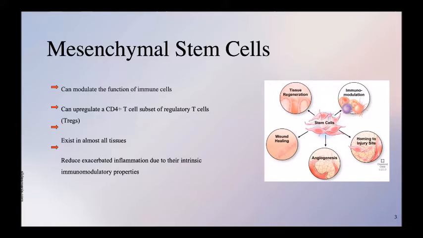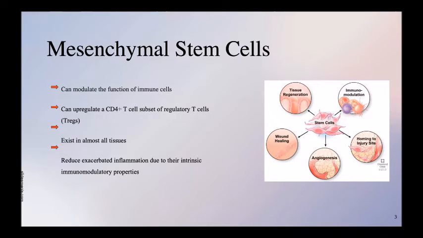The first one is migration to sites of active inflammation or tissue injury, followed by secretion of anti-inflammatory molecules like IL-10, HGF, TGF-beta1, and IDO. And lastly, paracrine signaling to nearby cells to maintain the local anti-inflammatory environment.